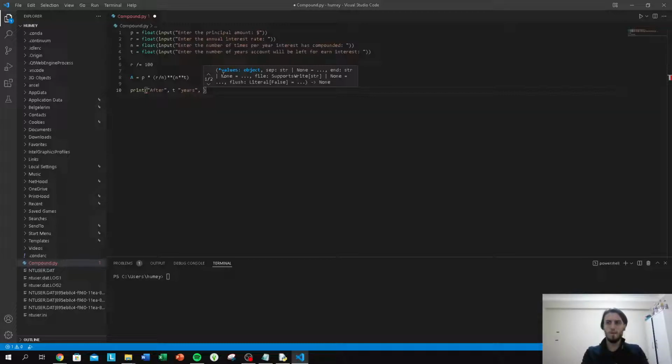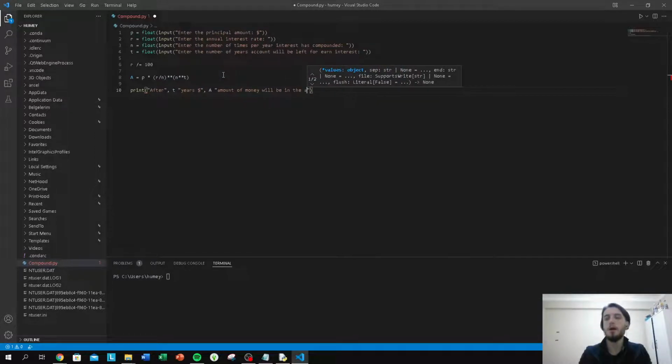You know, A dollar, okay, here, so I have to put dollar here, I think. A is the amount of money that will be in the account. It must be like that.